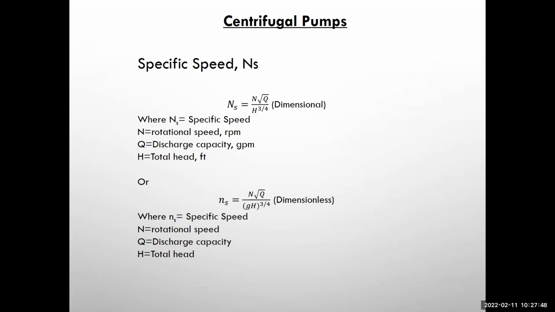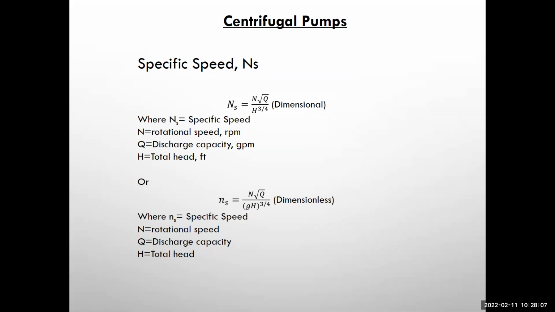It's actually dimensional, but we use that as a dimensionless number. So if you want to make that truly dimensionless, you need to add one extra parameter, which is what? Gravity. If you just use gravity, you can make it a non-dimensional number.